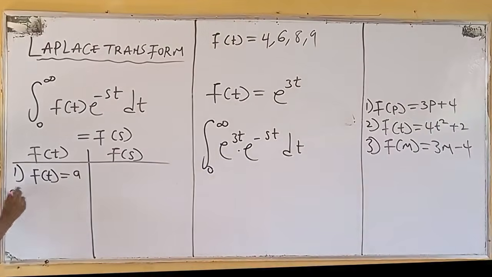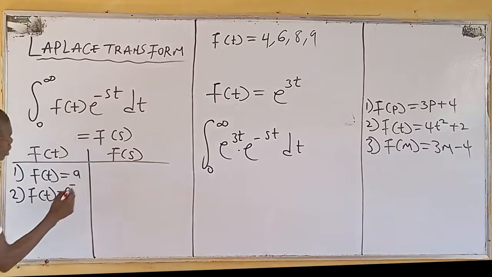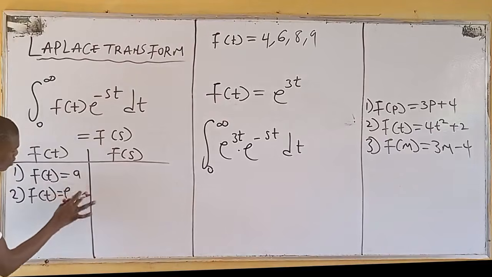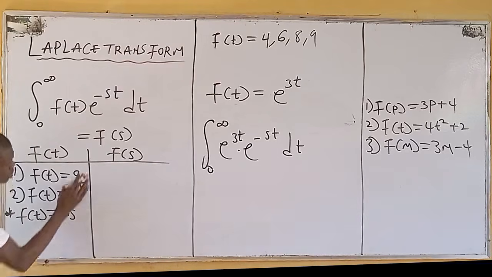Number 2 is the transformation of exponential. Number 3, the transformation of trigonometry, where f of t is equal to cos at.